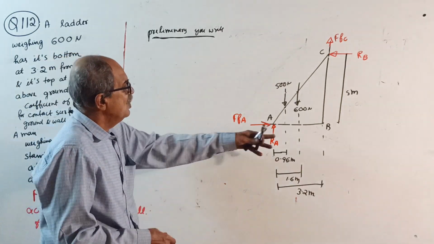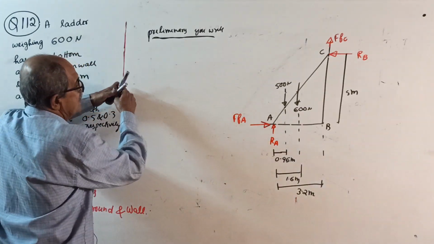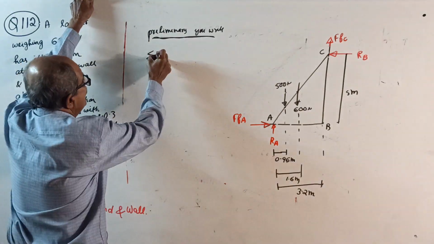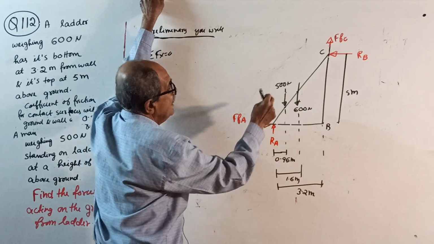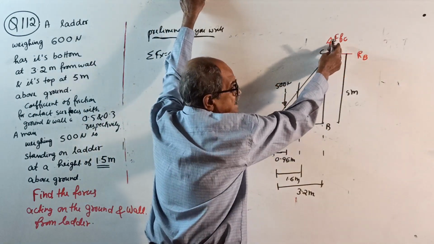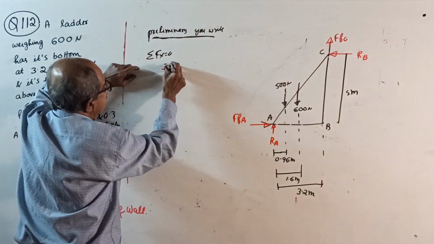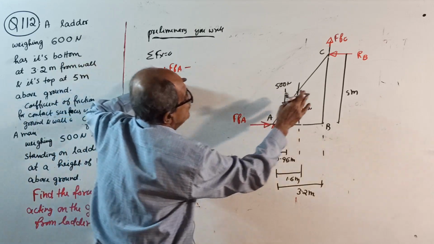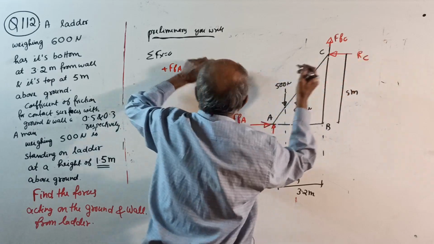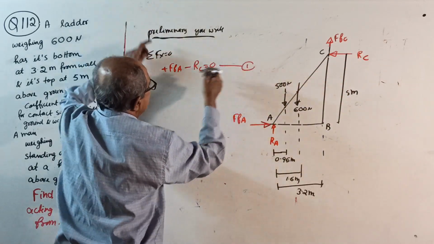Okay, now all this you write as usual. Now start. See, solution. Sigma Fx equal to 0. Now what is the thing here? Last time RA, FA, now RC, one extra friction here. Okay. Sigma Fx 0. What you get? Plus FA minus RC equal to 0, equation number 1.